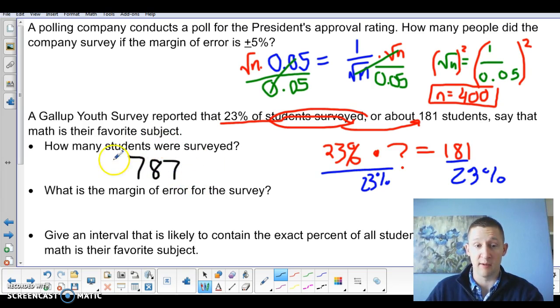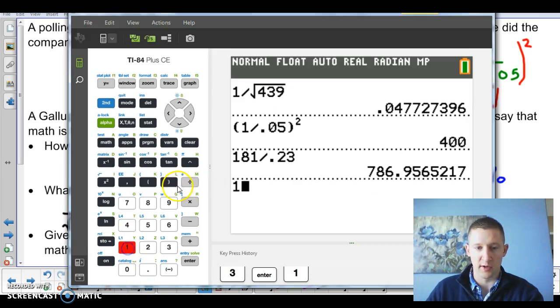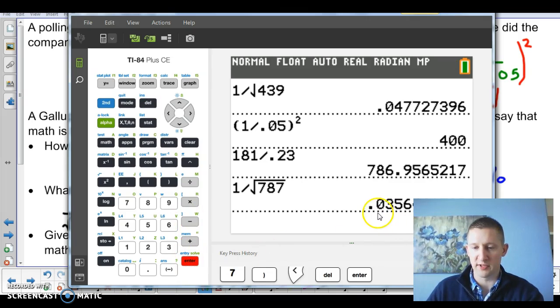Okay, now that we know how many were surveyed, when we're asked to find what's the margin of error, well, I'll find the margin of error. I take 1 over the square root of the number that were surveyed. So 1 divided by the square root of 787. Hit enter. 0.0356. I'll round that and say 3.6%.